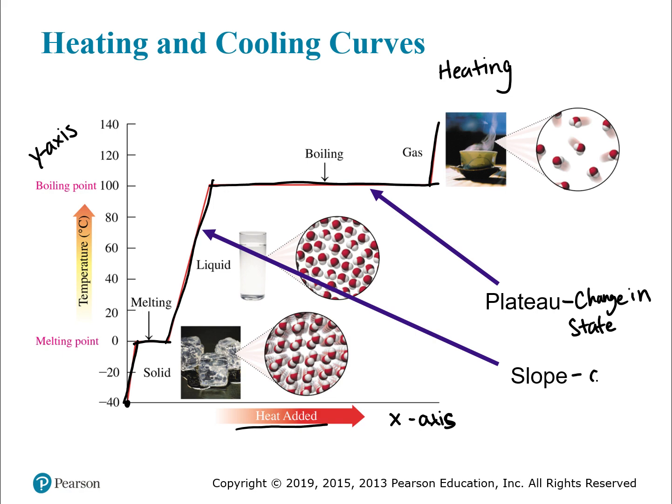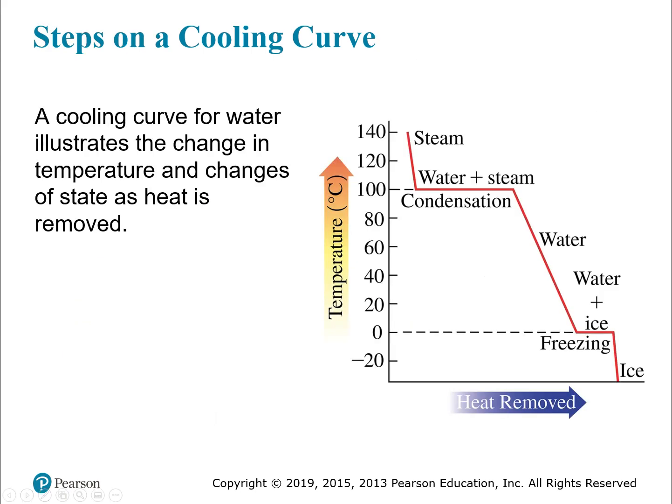The slope means that you have a change in temperature. A cooling curve is the opposite. If you start with something like steam, that's gas, right? It's at a really high temperature. And you start to cool it down until it gets to 100 degrees, which is where it's going to condense.